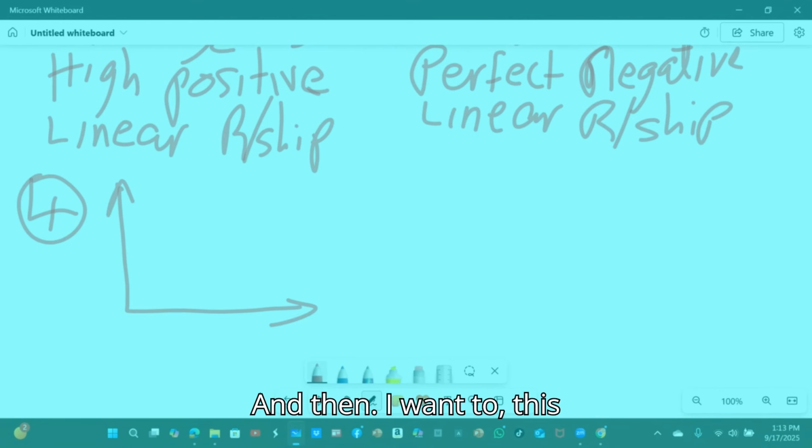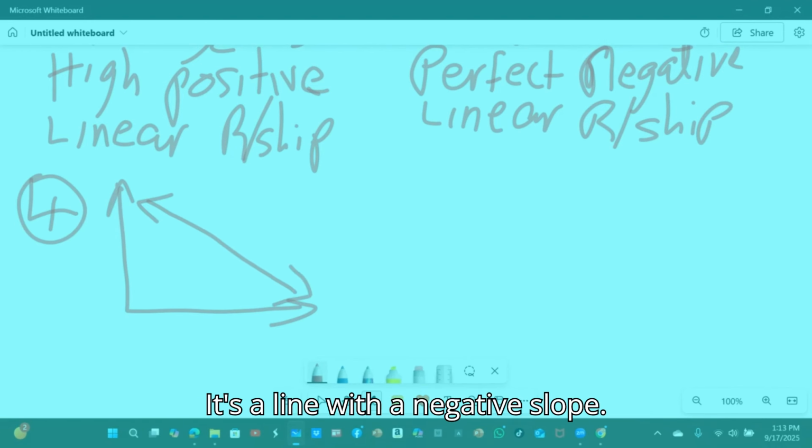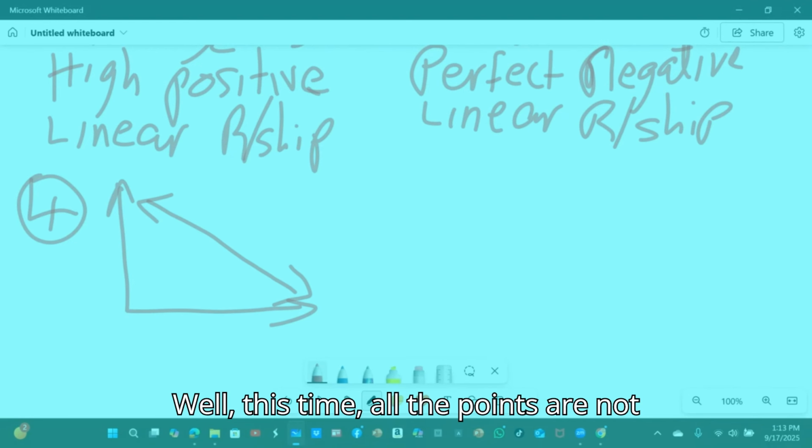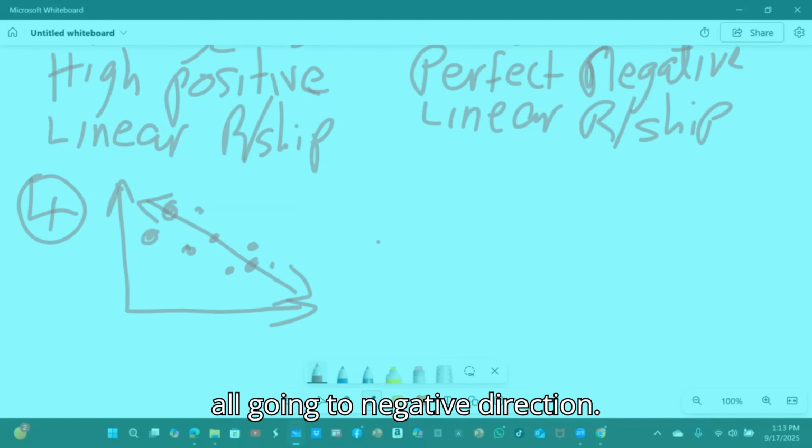This graph has a negative slope again. It's a line with a negative slope. Well, this time all the points are not going to be on the line, but they are all going in a negative direction.